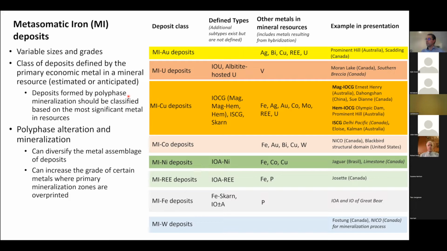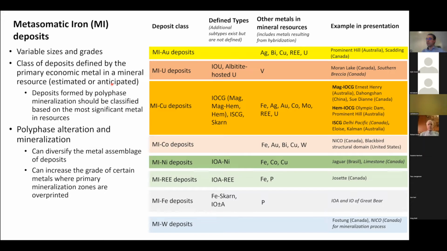Depending on the type and the class of deposits, they can have variable size and grade. And then the class should be defined by the primary economic metal in the mineral resources, whether it's estimated or anticipated. For example, if it's a mineral showing or a prospect, then we don't exactly know what a mineral resource could look like.